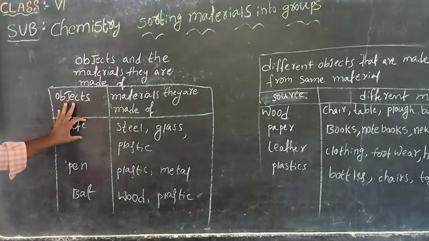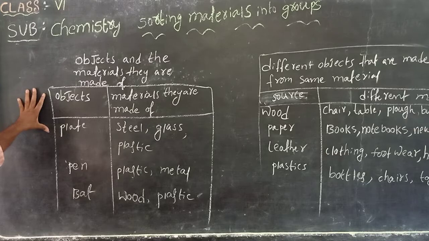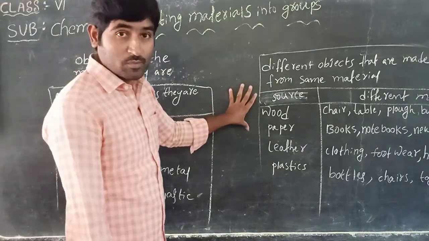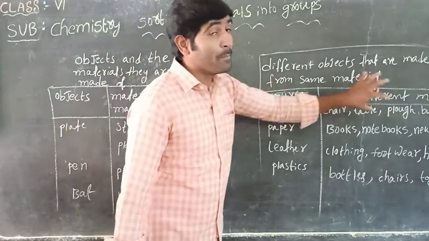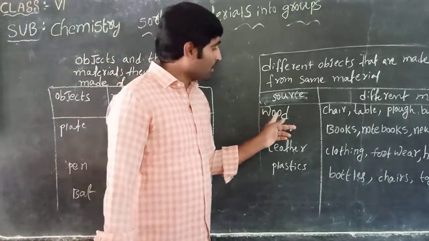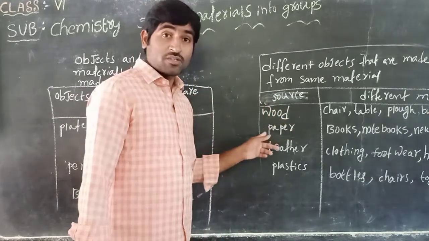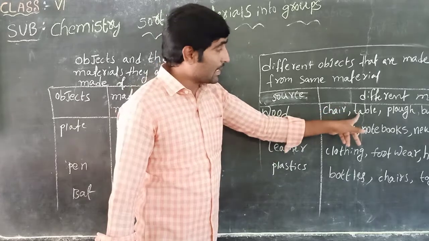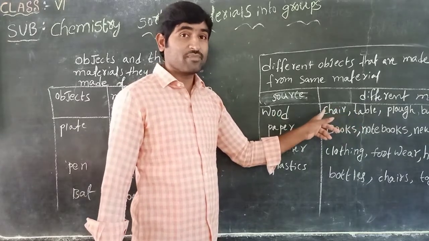In the first table, we made the material with different sources, but in the second table, we made different materials from one source. See here, take wood. By using wood as one source, we made different kinds of materials like chairs, tables. Wood chair, have you seen? Yes.